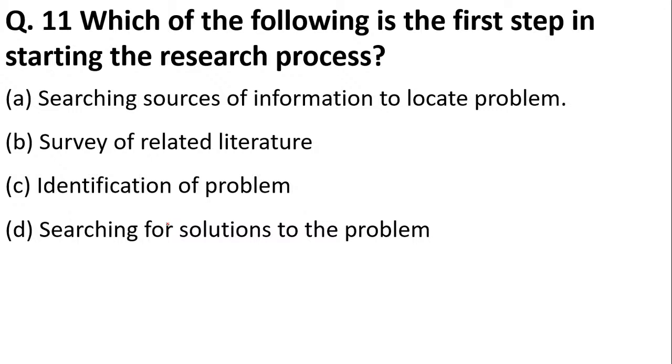It is option C, identification of problem. When you know a problem or when you see a problem, only then you try to find the solution to it. So identification of the problem is the first step for the research process.